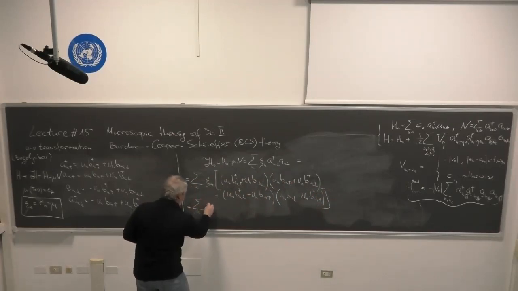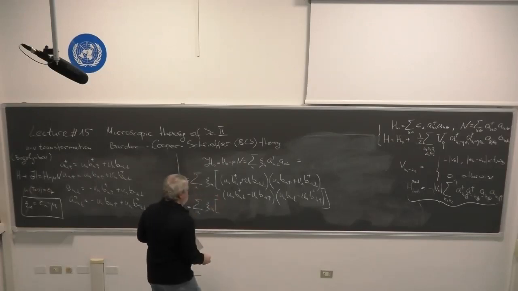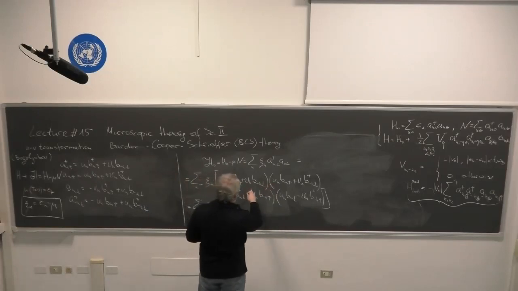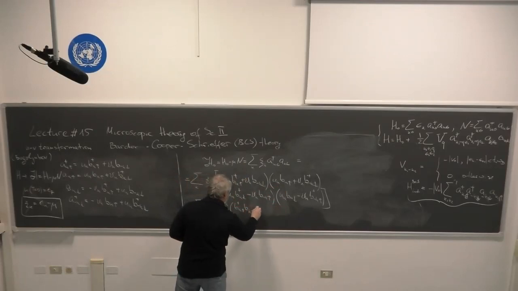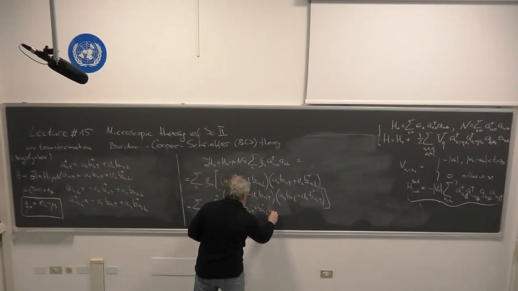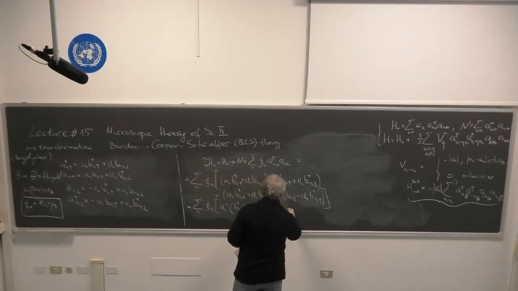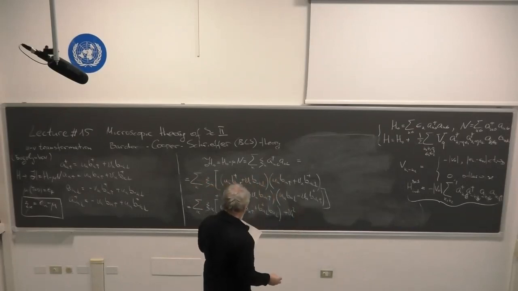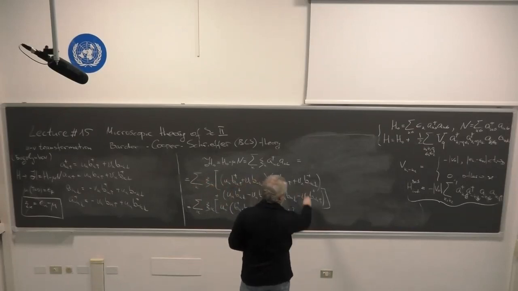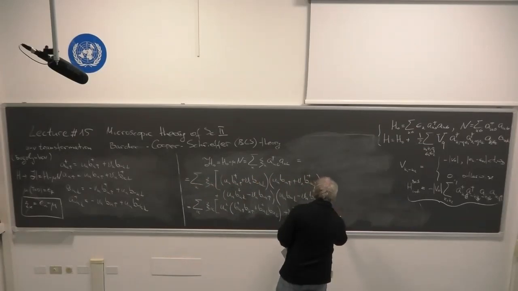So this is the sum over k of psi_k: U_k squared times (B_k up dagger B_k up plus B_k down dagger B_k down), minus, plus V_k squared times (B_minus k down B_minus k down dagger plus B_minus k up B_minus k up dagger).